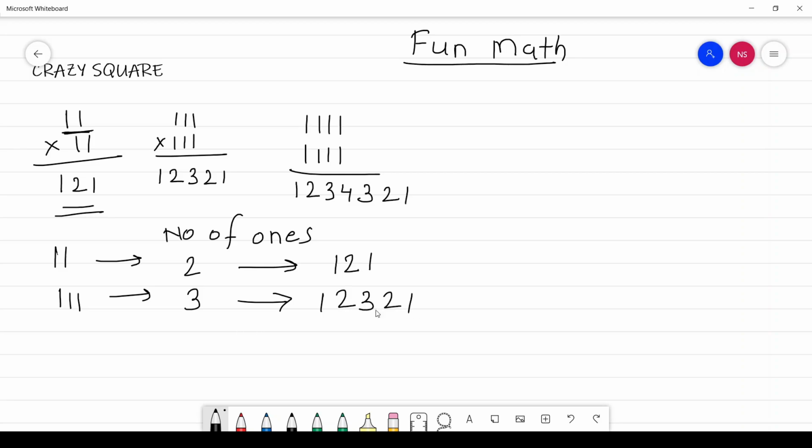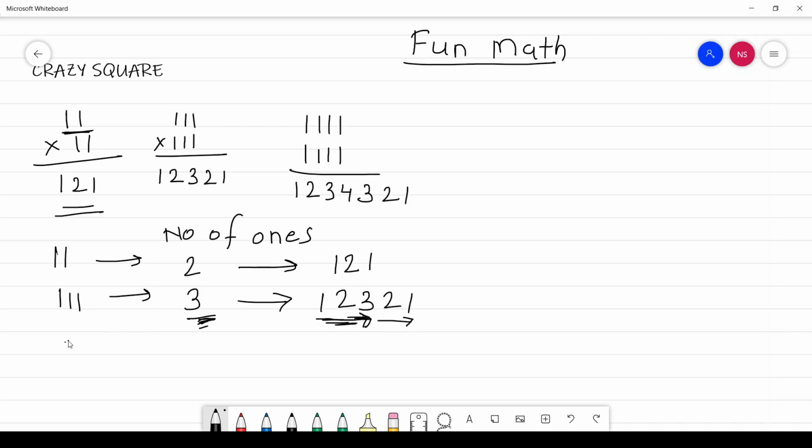So we have to go in ascending order of numbers, starting from 1 till the number of ones. We have 3 ones, so we will go up to 3 in ascending order. Then we will go back down to 1 in descending order.